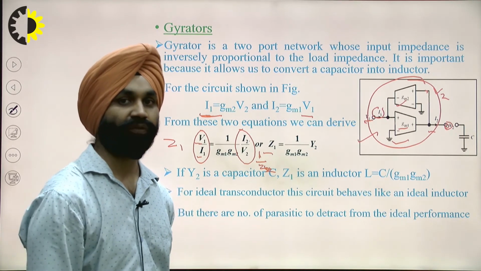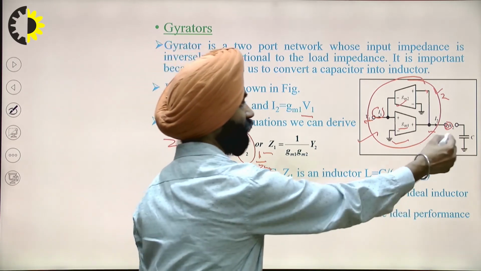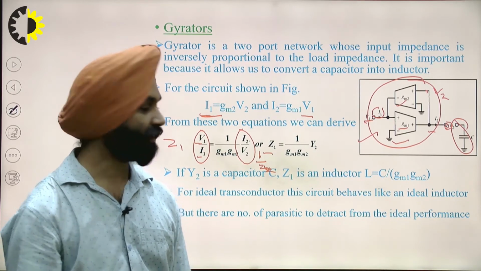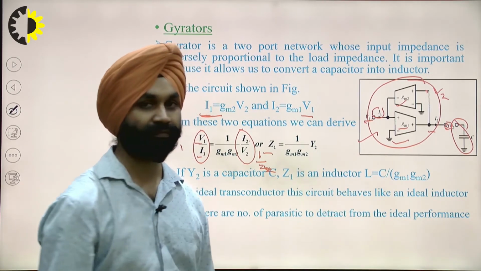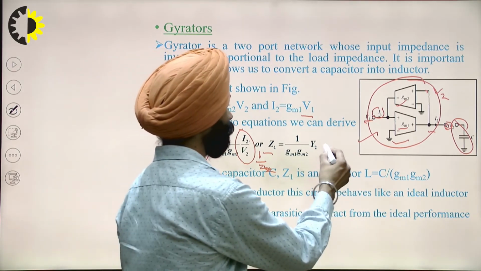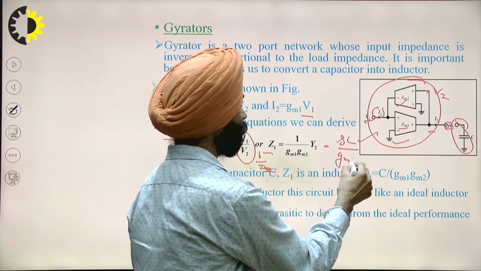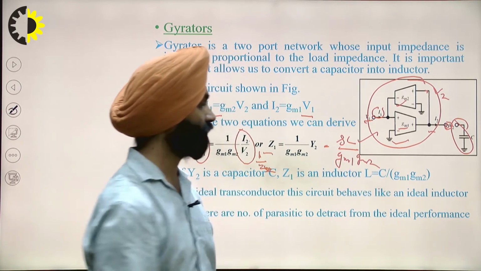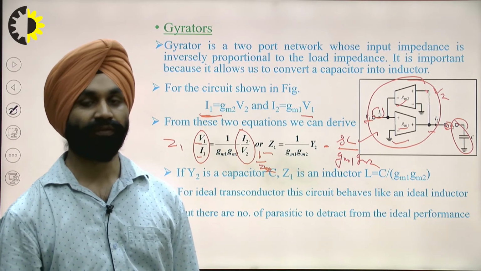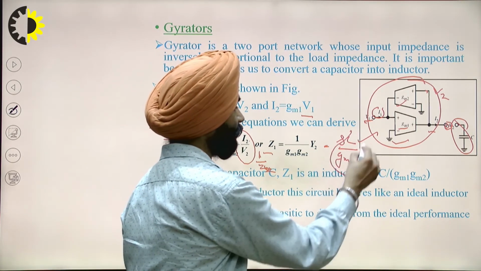Now again, if the output load is a capacitor, then Y2 will be SC, and the input impedance Z1 becomes SC by GM1 GM2. So if Y2 is a capacitor, the input will act as an inductor.